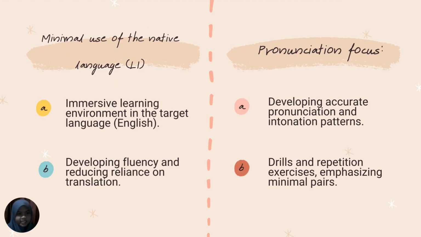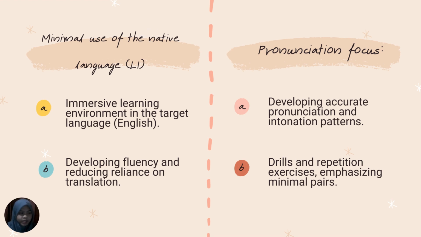Okay, next, guys. We must use minimal use of the native language, L1. So we create an immersive learning environment in the target language, English or Korean or Japanese or Arabic, developing fluency and reducing reliance on translation.